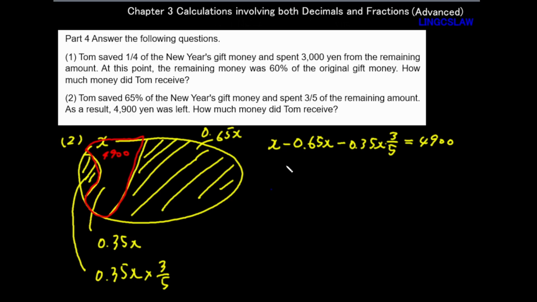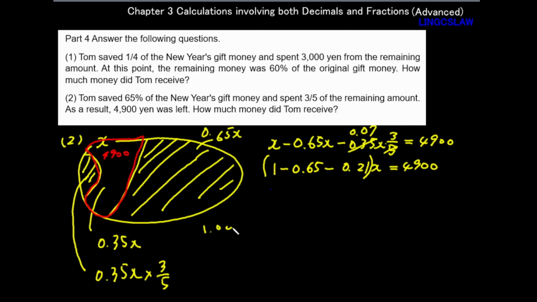Let's calculate first. 0.35 times 3/5: 7 times 3 is 21, so 0.21x equals 4,900. Now let's calculate this one.